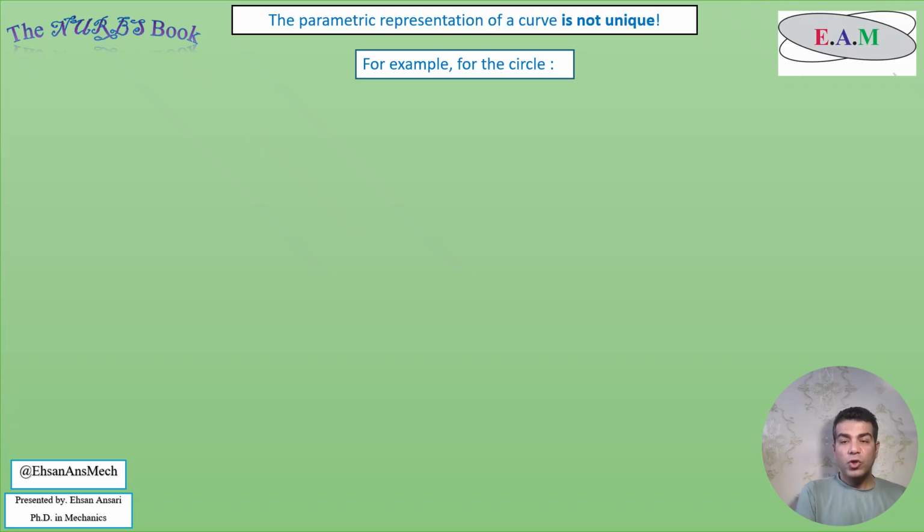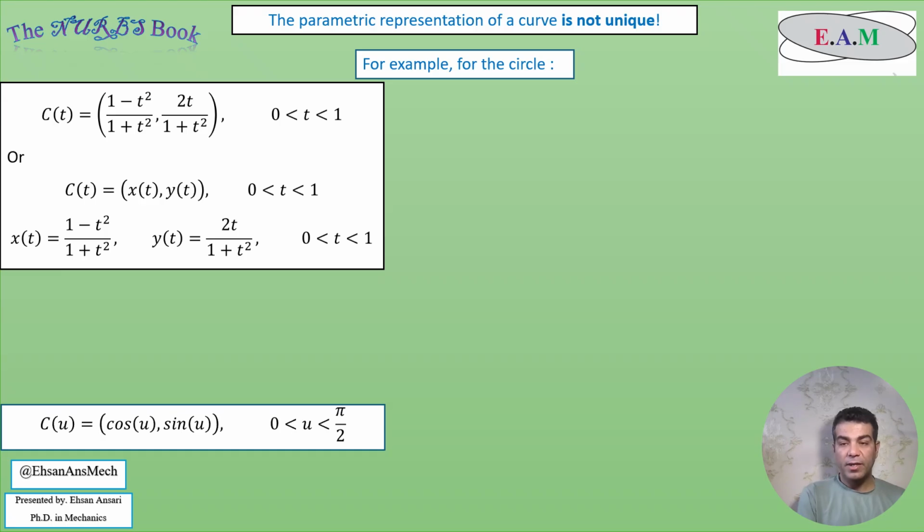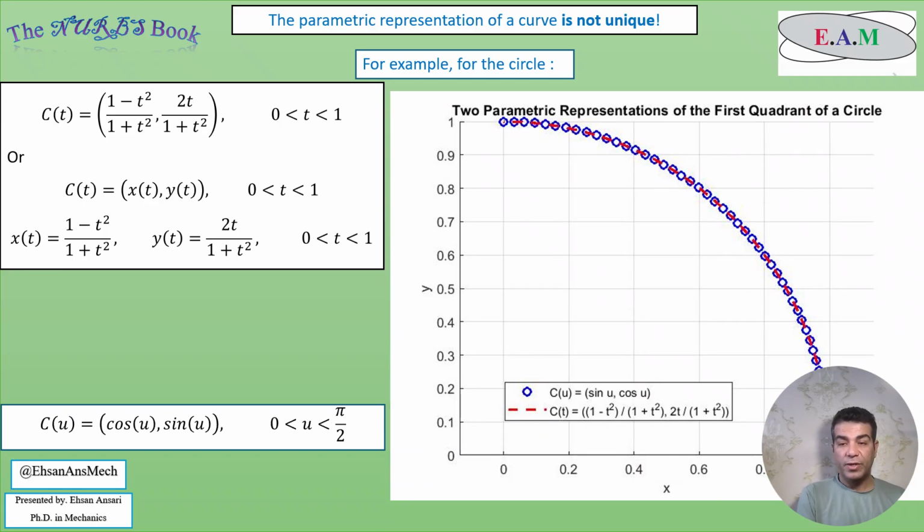One important feature of parametric representation is that it's not unique. The same geometric curve can be represented by multiple different parametric equations. Let's return to the example of a circle. For a quarter circle, both of the following parametric equations describe the same curve segment.